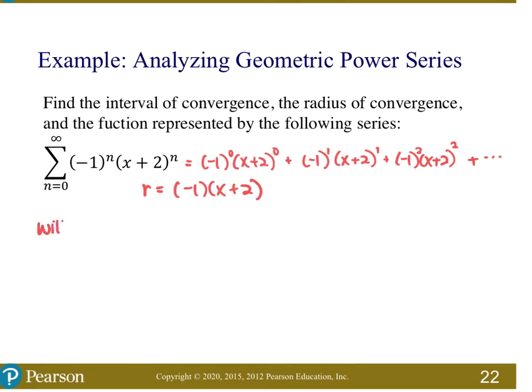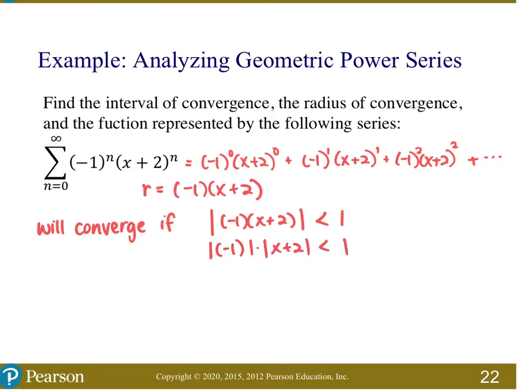So this will converge if negative 1 times x plus 2 stays less than 1. So we separate our absolute value. And of course the absolute value of negative 1 is positive 1.